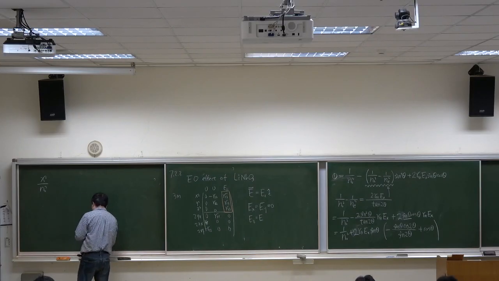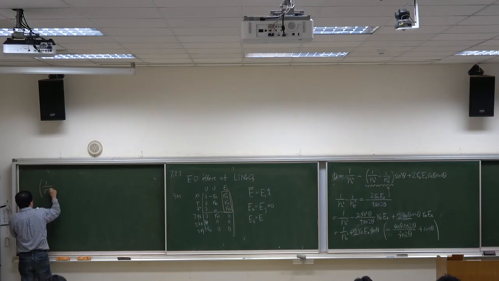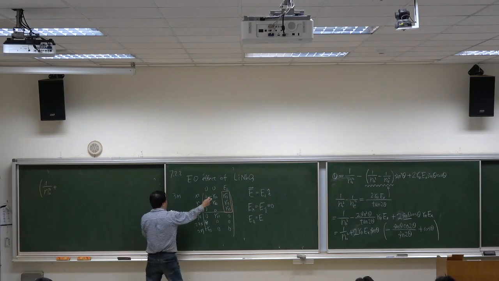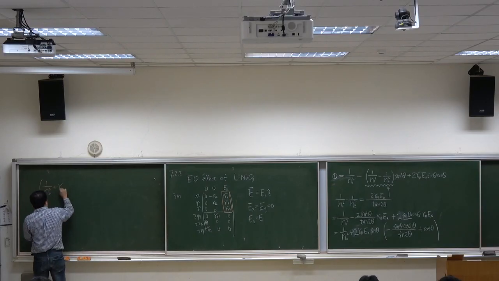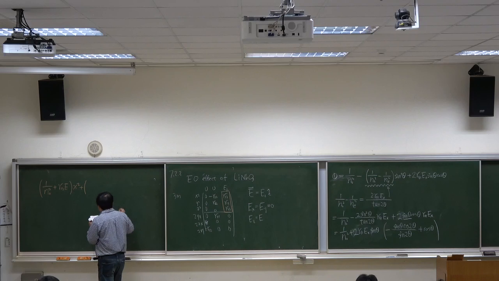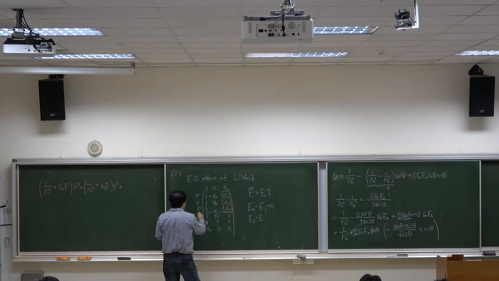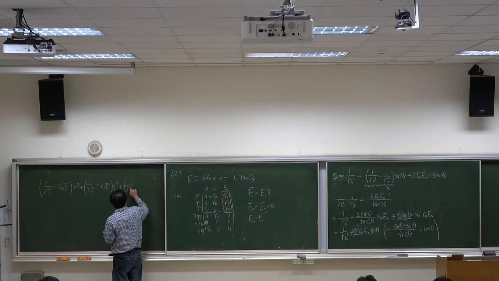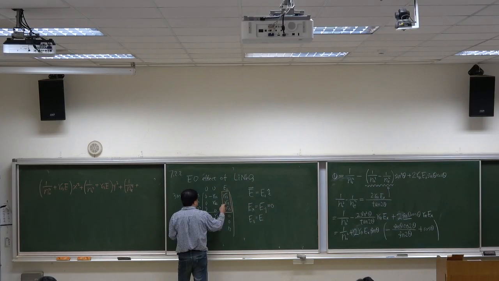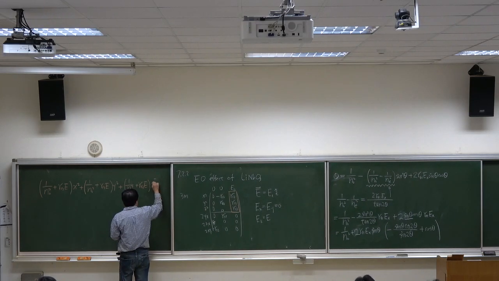So the index ellipsoid now becomes this: 1 over no squared plus R13E times x squared plus 1 over no squared plus, here we also have R13E times y squared, and then 1 over ne squared plus R33E times z squared.